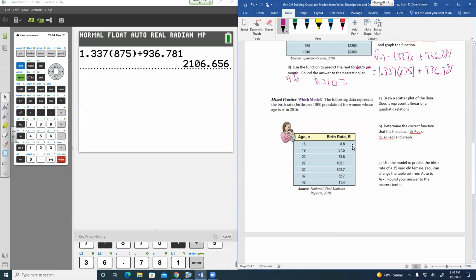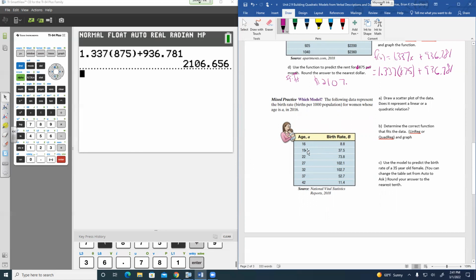For somebody 16 years old, there are 8.8 births for every 1,000 population. I'm assuming women there as well.